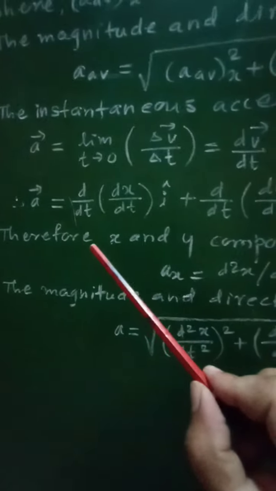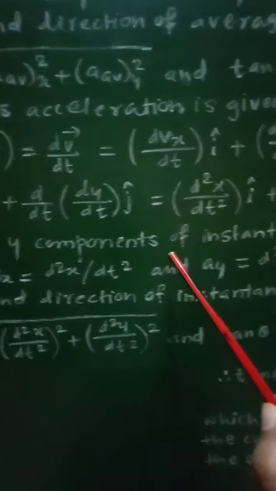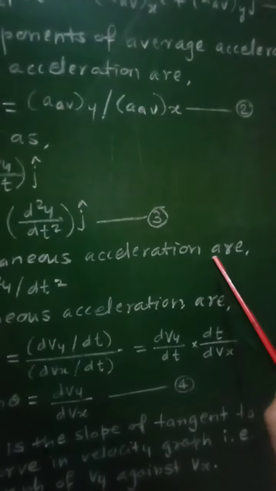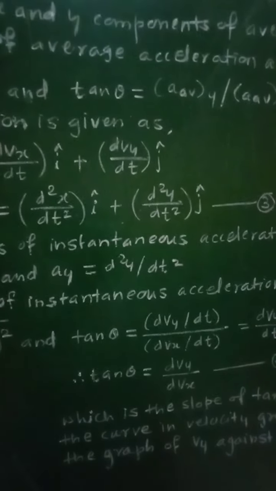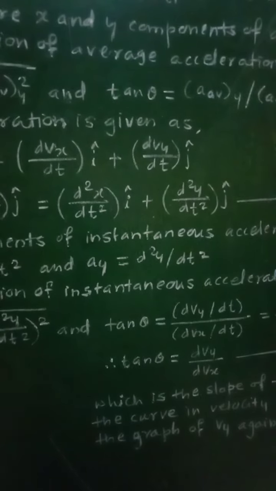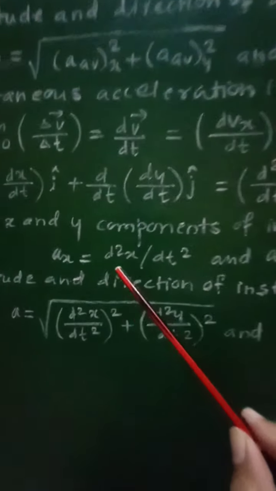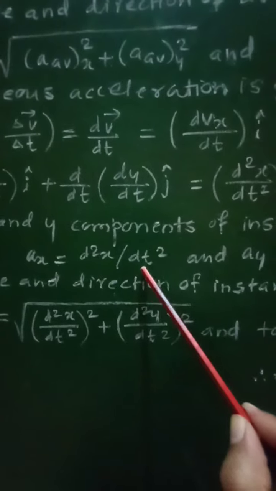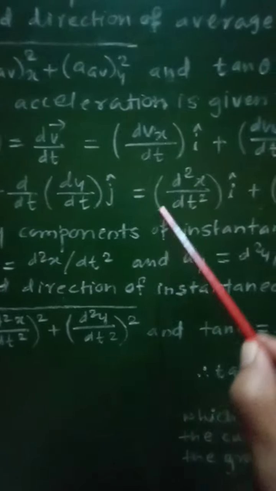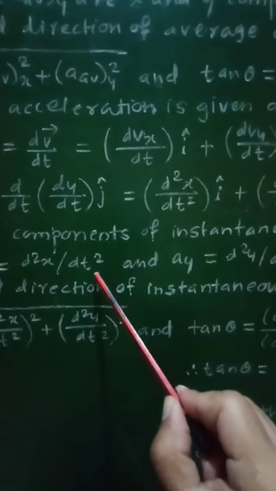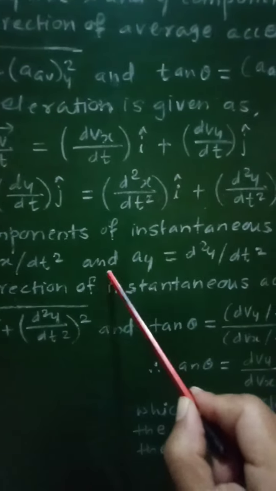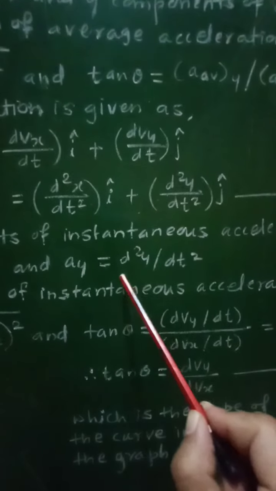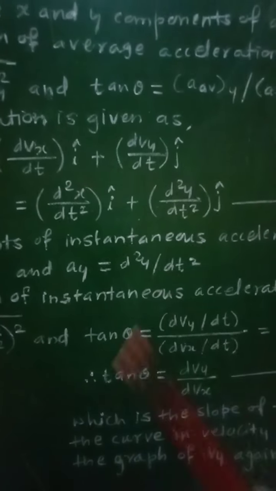Therefore, the x and y components of the instantaneous acceleration will be given as ax equal to d square x by dt square, this will be the x component, and ay equal to d square y by dt square, this will represent the y component.